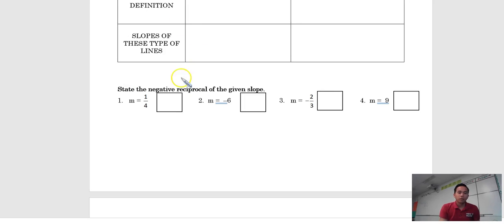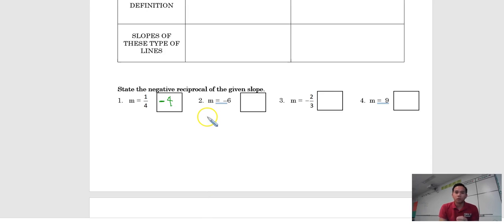Example, if I have a slope which is 1/4, 1/4 is positive, therefore get the negative reciprocal of that. So it will become negative, and the reciprocal of 1/4 will be 4/1 or just 4. So the negative reciprocal of 1/4 is -4.